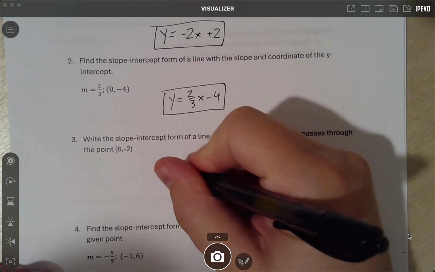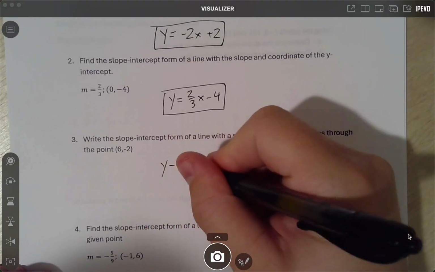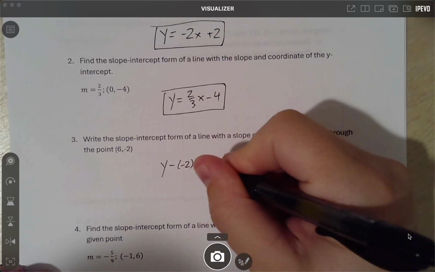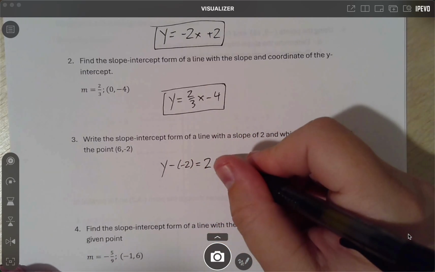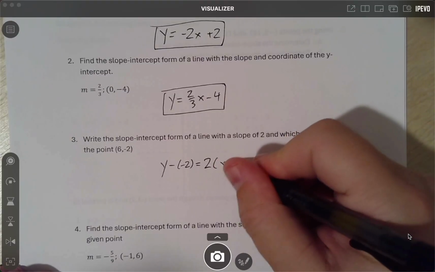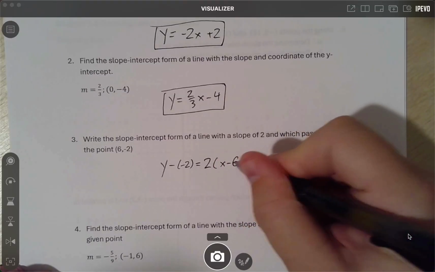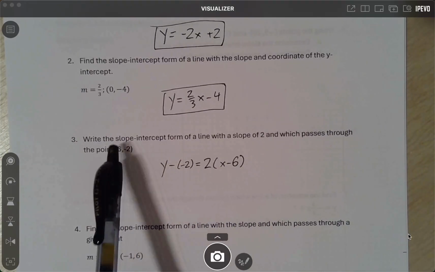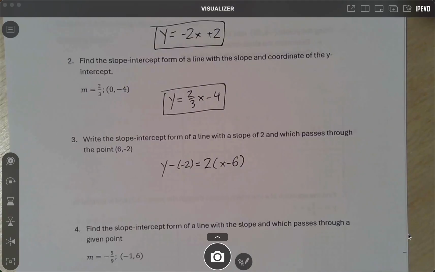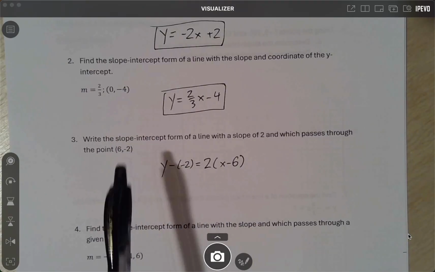It's y minus the y value of my given point equals m, my slope, which is 2. They said it verbally, not with m. And then x minus the x value of my given point. Now, I've used the point-slope form because I had a point and a slope, but I need to get this to slope-intercept form.